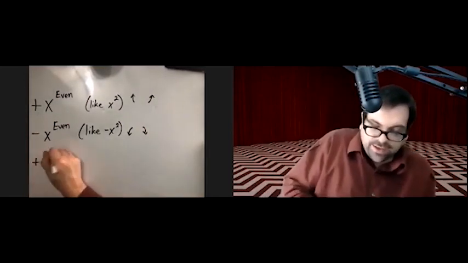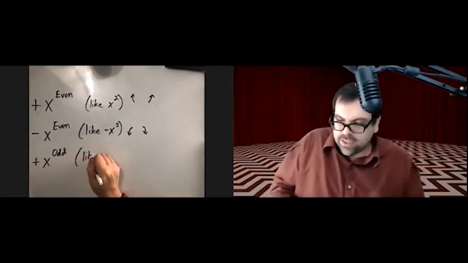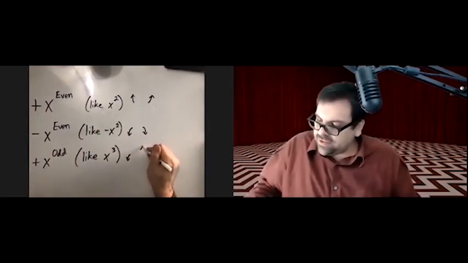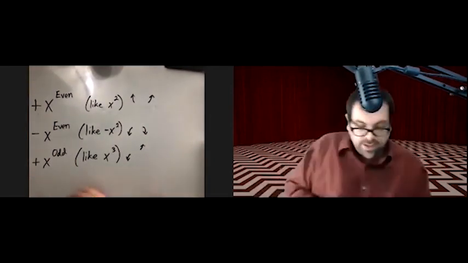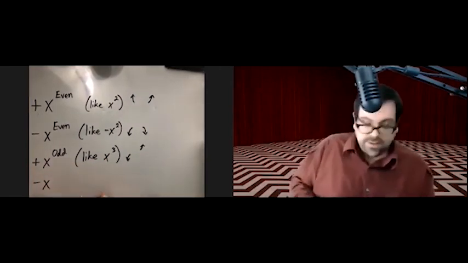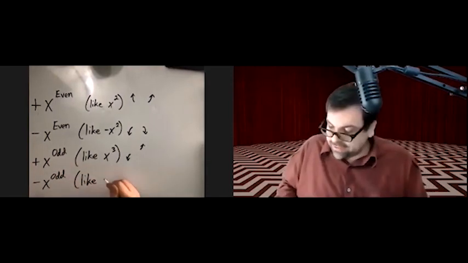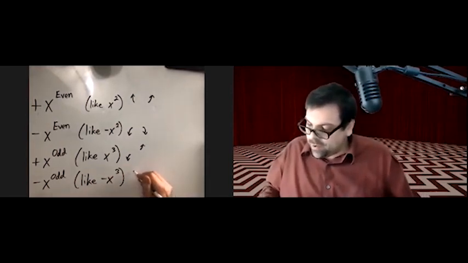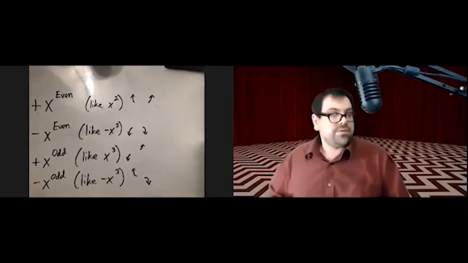All positive x to odd powers act like positive x cubed, fall to the left and rise to the right. And all negative x to odd powers act like negative x cubed, they rise to the left and fall to the right.